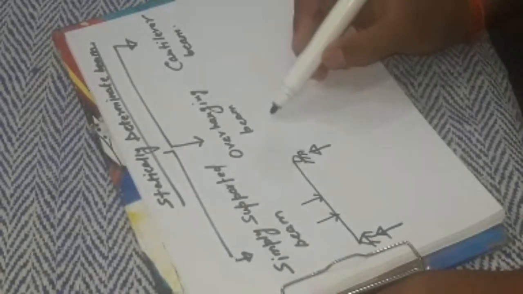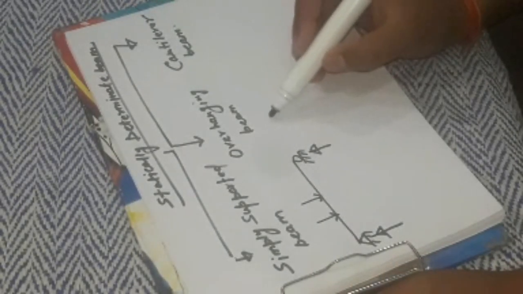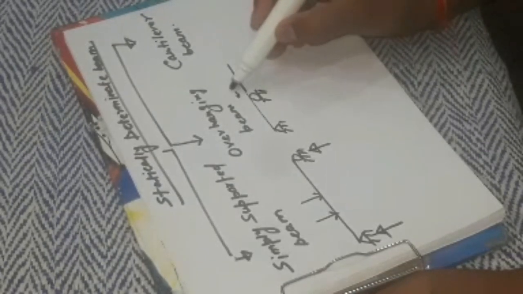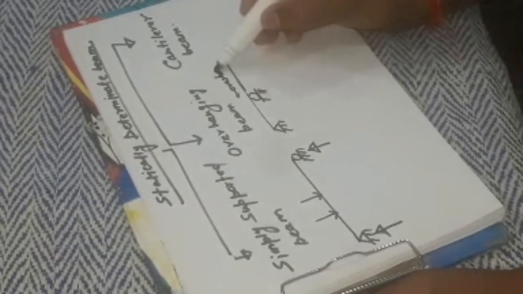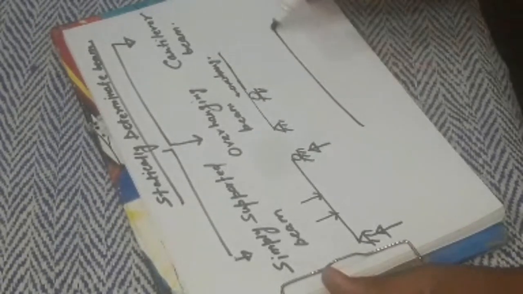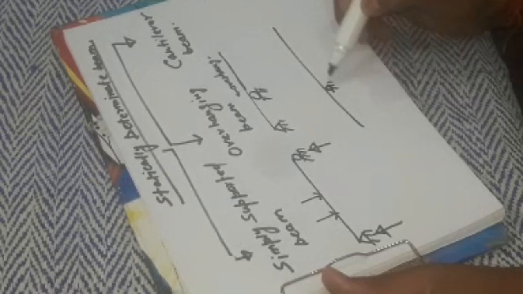Overhanging beam, here the beam overhangs either one side of support or both sides of supports.